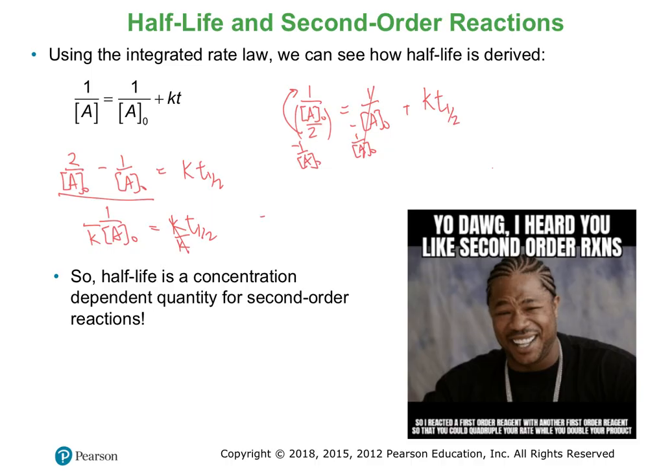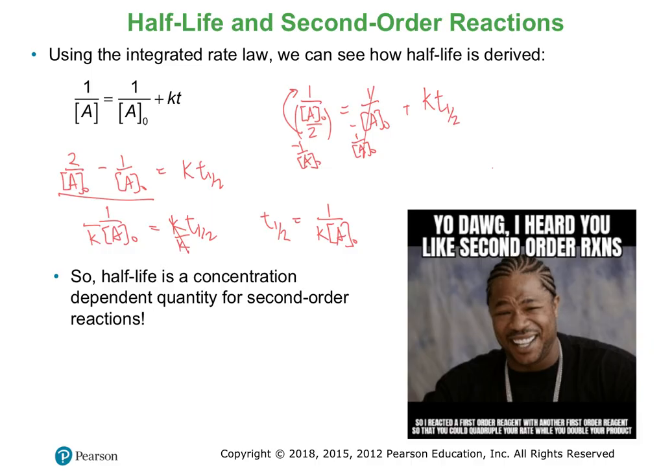So we end up getting that the half-life for second order reactions is equal to 1 over k times A naught. What's interesting about this is that the half-life for second order reactions actually is dependent on how much you start with of that reactant, whereas for first order reactions, it didn't matter the concentration that you started with, the half-life is the half-life.